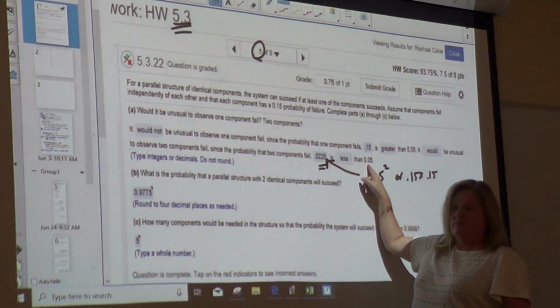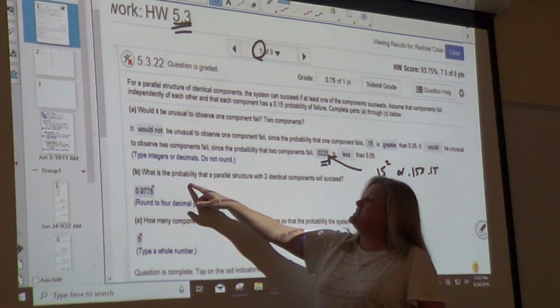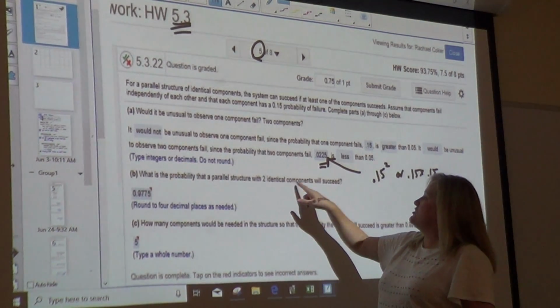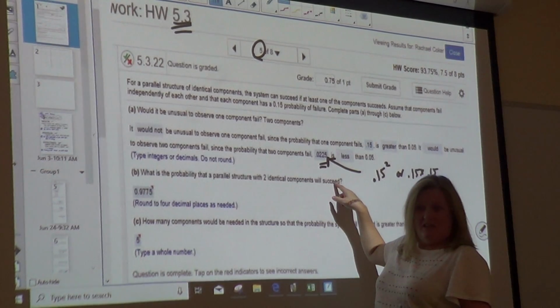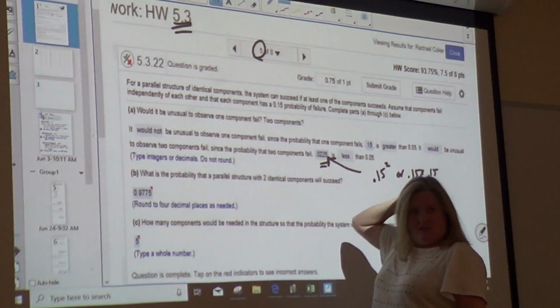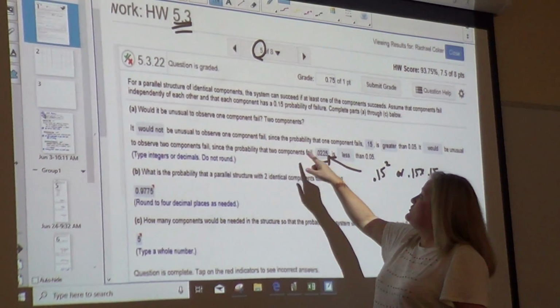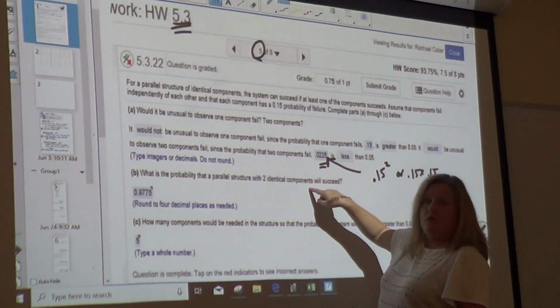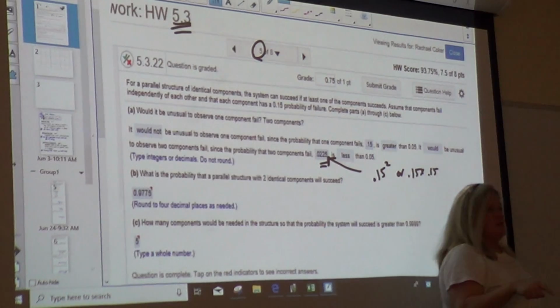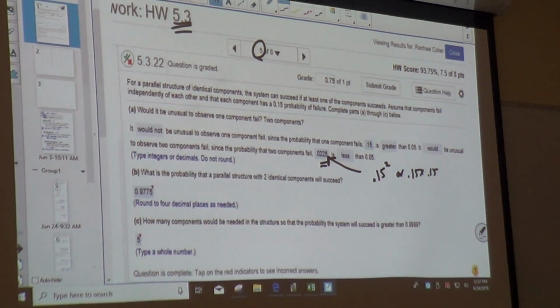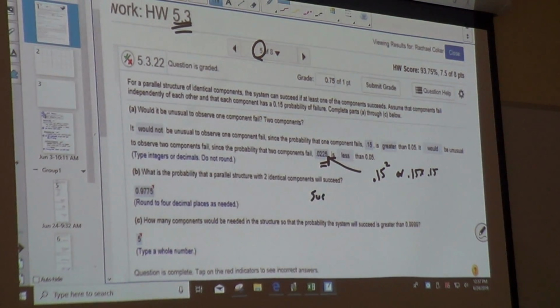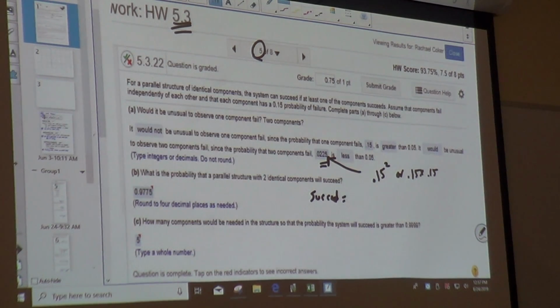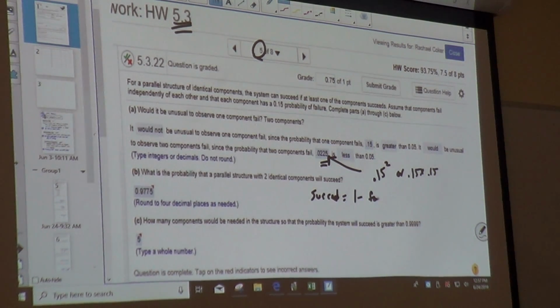We good? Now, what is the probability that a parallel structure will succeed? Well, if two will fail, how do we get the succeed? 1 minus. So succeed equals 1 minus the fail.